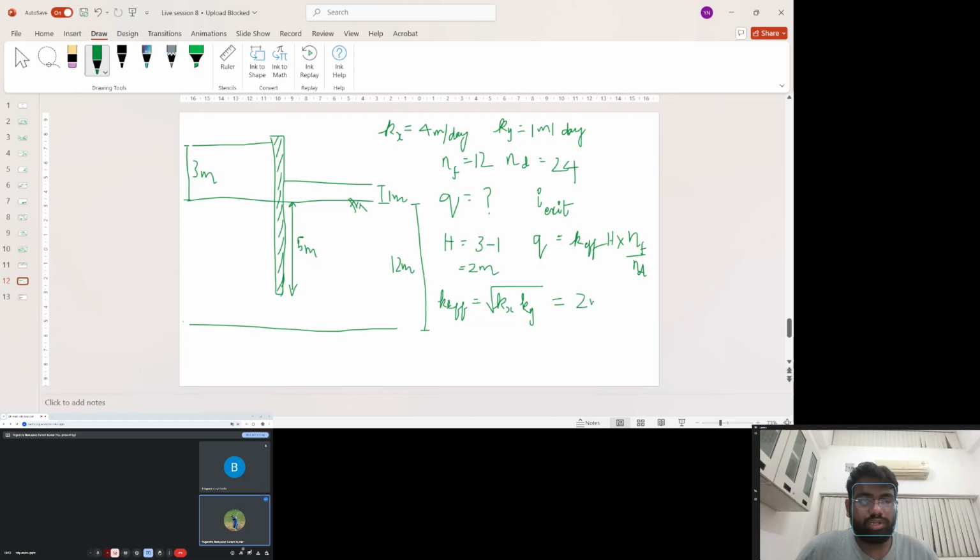The square root gives us 2 meters per day. So now calculating Q: K is 2 meters per day, H is 2 meters, NF is 12 and ND is 24. So this gives us 1/2, which gives 2 meter cube per day.